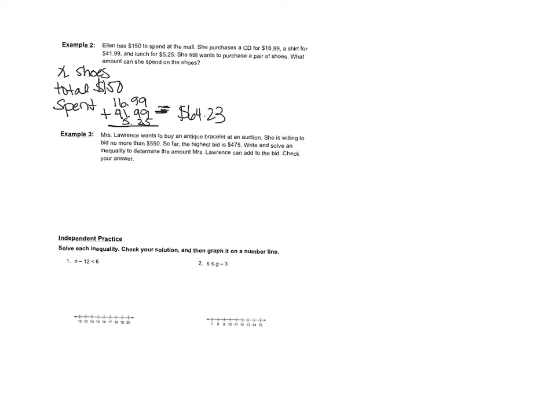So she spent $64.23 already. So $64.23 plus the cost of shoes, which we're calling X, cannot be over $150. She only has $150 to spend. So she could spend $150, so equal to $150, or she could spend less than $150. She doesn't have to spend the whole amount.